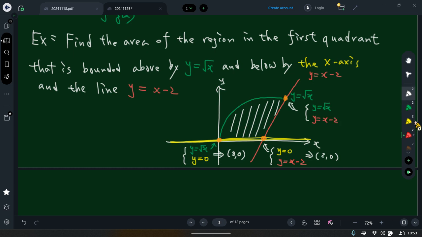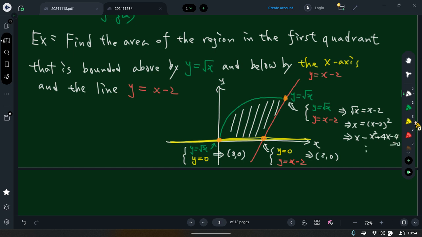This part is more complicated than the other 2 points, but it's still easy, because based on this, you know square root of x is equal to x minus 2, so that x is equal to x minus 2 squared, so you have x minus x squared plus 4x minus 4 is 0.